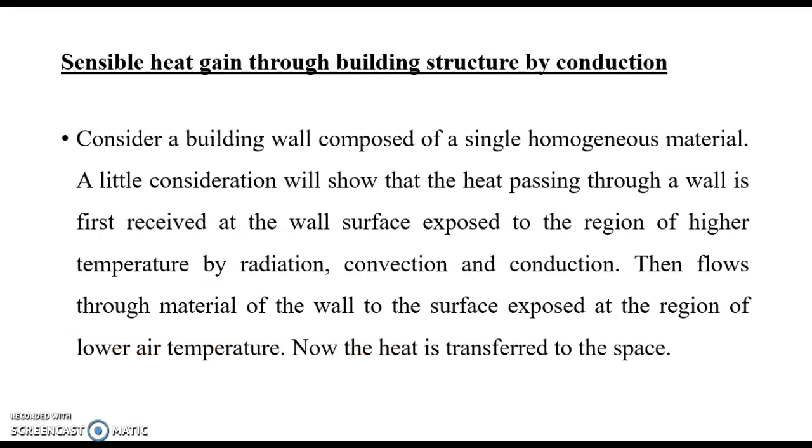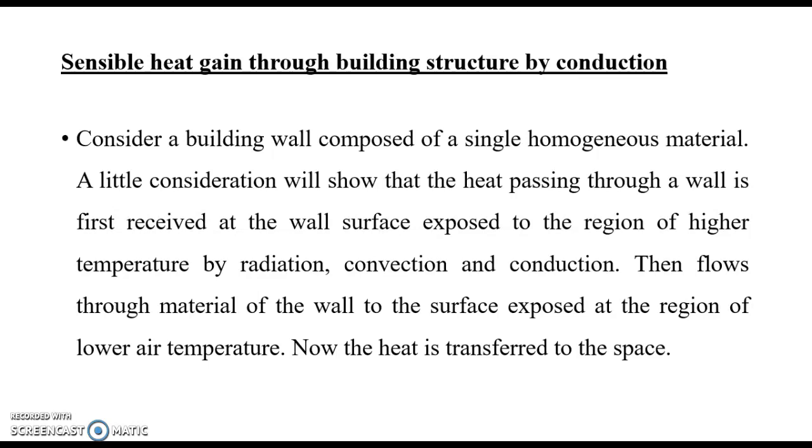Here, the first one is the sensible heat gain through building structure by conduction. It's like a normal convection problem. So consider a building wall composed of a single homogeneous material.